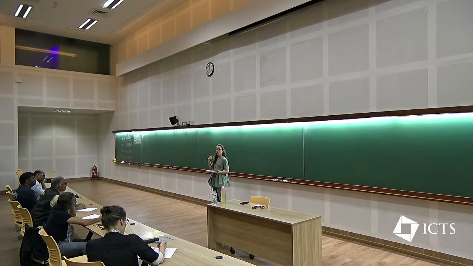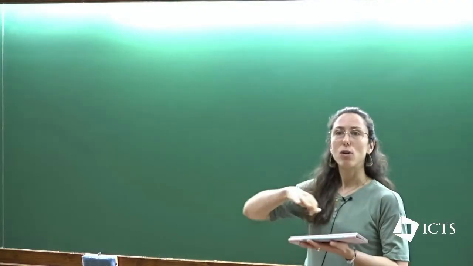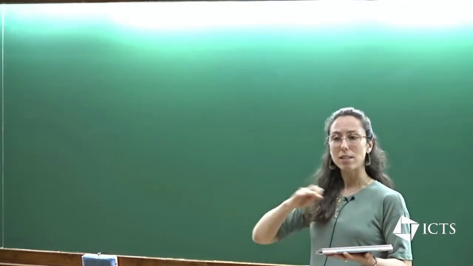So I want to recall the tropical cluster variety and its definition, and then tell you how we can deduce from this point of view the definition of the cluster complex that encodes the combinatorics of all the seeds and how they are related.